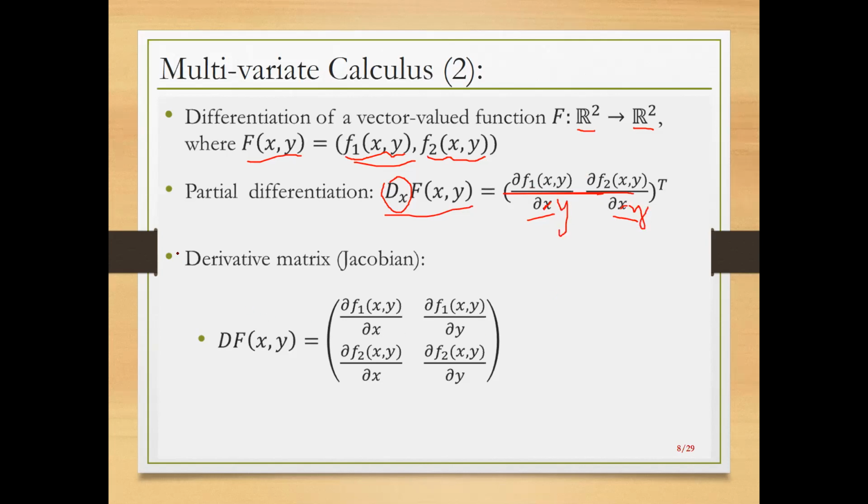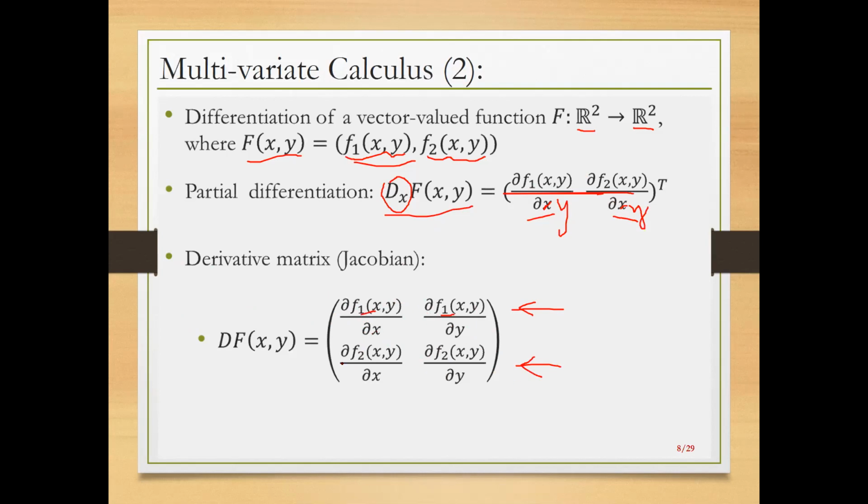And then if you want to derive the Jacobian matrix, if you take the derivatives with respect to all x and y's, this is how it looks. You take the first function with respect to x, first function with respect to y. That would be your first row. Second row would be with respect to the second function. So in the first row, you have function 1 differentiated with respect to the variables.